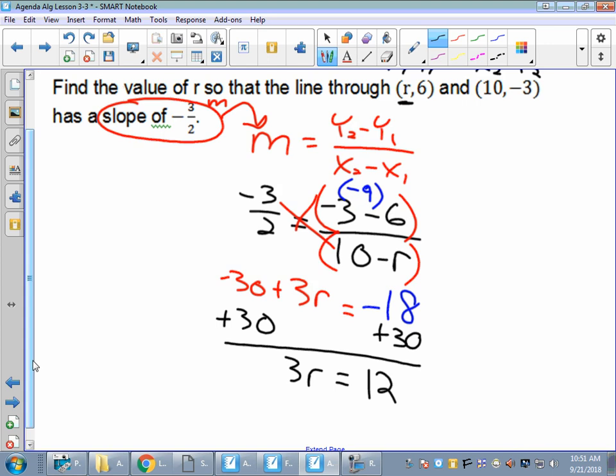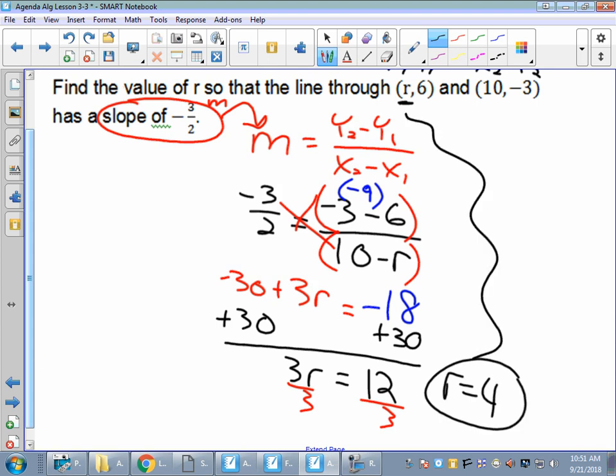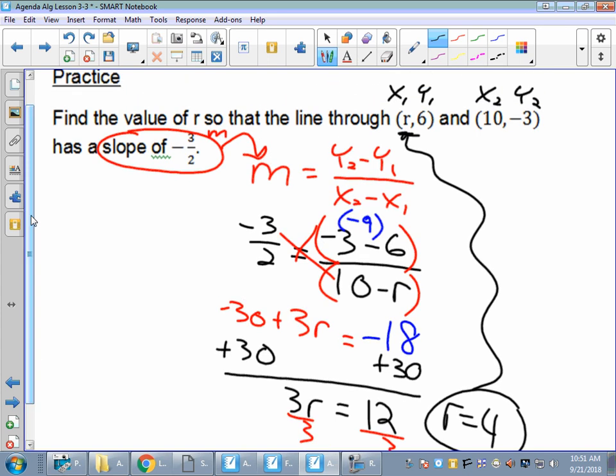Then we just divide through by 3, and we end up with r equal to 4. Right? And so we could plug this all the way back in up here and see, does that work? We can check our work really easily. If 4 is r, does that have the same slope as that line? And sure enough, it does.